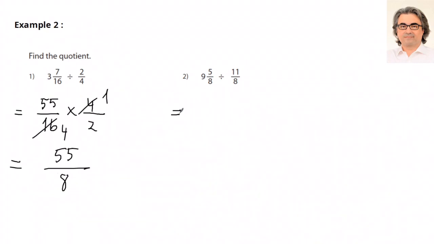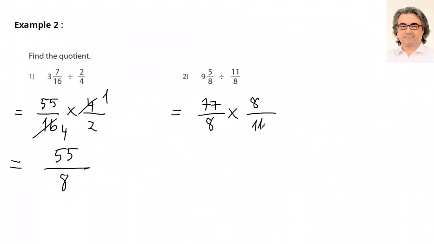Now let's continue with the next one. Change this mixed fraction into its improper fraction form. 9 times 8 is 72. 72 plus 5 is 77 over 8 is its improper form, times 8 over 11.